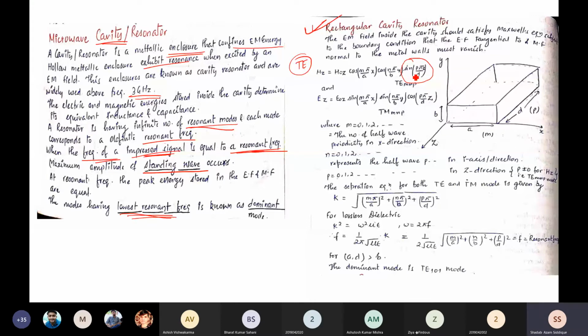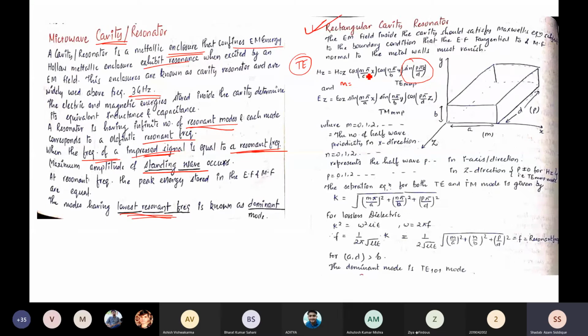So what are the values of M, N, and P? M can be 0. N can be 0 because cos 0 can be 1. But P should not be 0. If P becomes 0, Hz will be 0, and that should not happen. So M should be 0, 1, 2, 3, and so on. N also, M and N both are 0, 1, 2, 3, 4, 5.